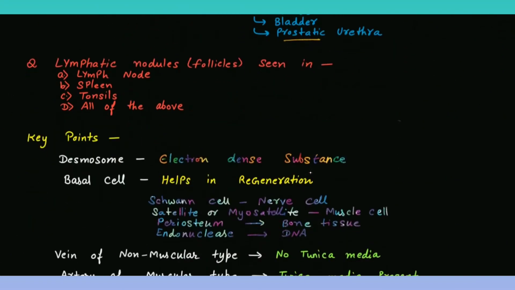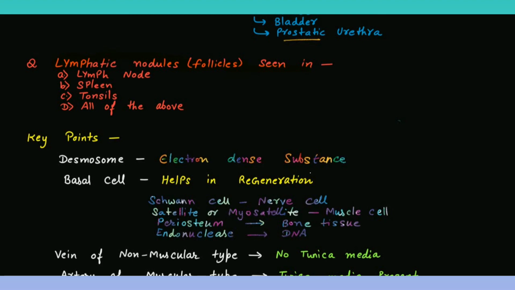Then the question here: the lymphatic nodules or the follicles are seen in, a question we discussed in the immune organs. What will you answer? Think. Lymph nodes, spleen, tonsils, all of the above. Choose your answer in your mind.